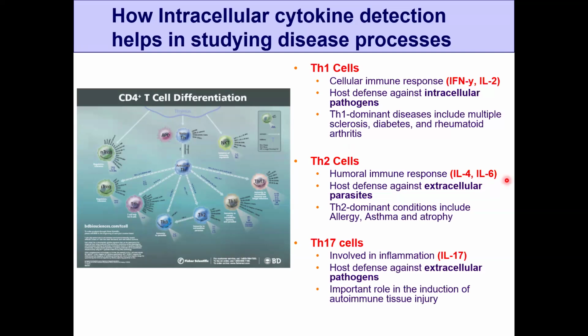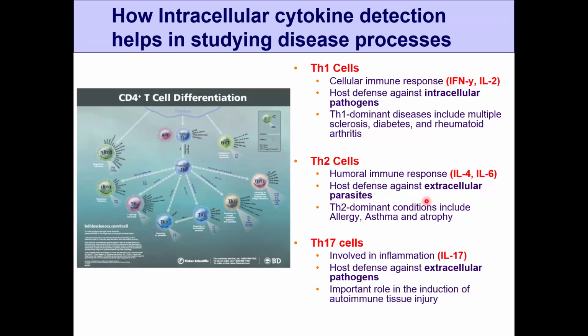Your fever generally comes from your IL-2, and also from other things, but IL-2 is also a major cytokine which causes fever, and that particular cytokine is also involved in different things. Then comes your Th2, your T helper cell type 2.